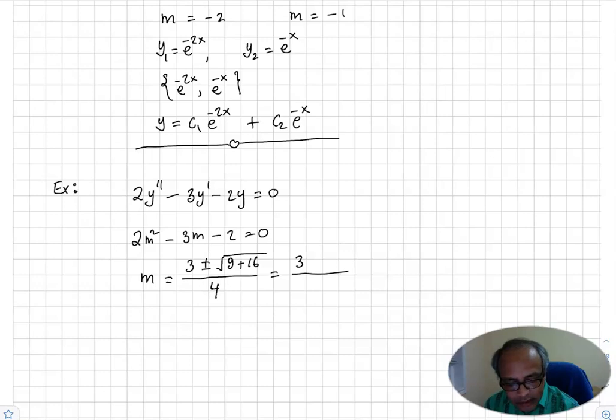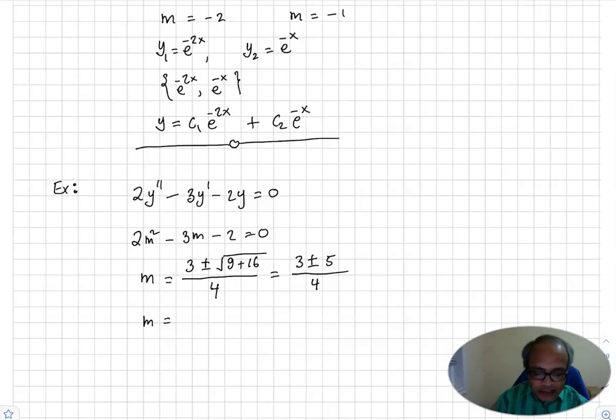So 3 plus or minus the square root of 9 plus 16, which is 25. So then you can write 5 plus 3 is 8, and 8 divided by 4 is 2. So this is one solution. The other solution, 3 minus 5 is negative 2, so you get negative half.